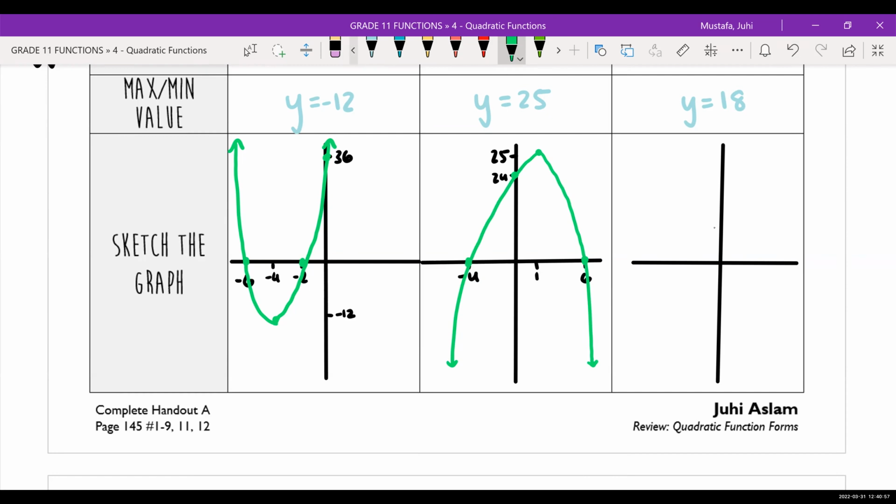Okay, and then for the last one, we have -1 and 5 as our x-intercepts. Our y-intercept was at 0, 10. Our vertex was at, sorry, was it 2? 2, 18.